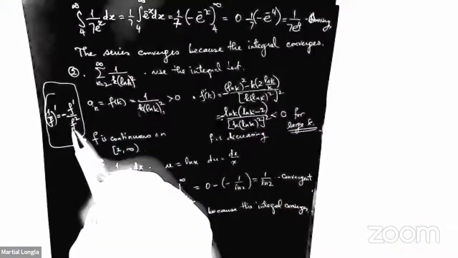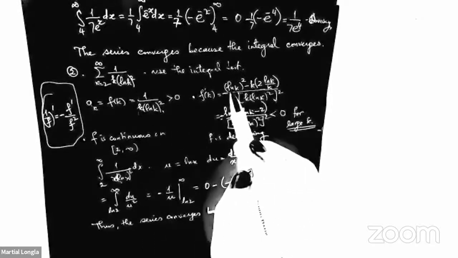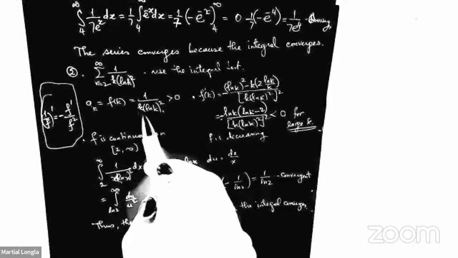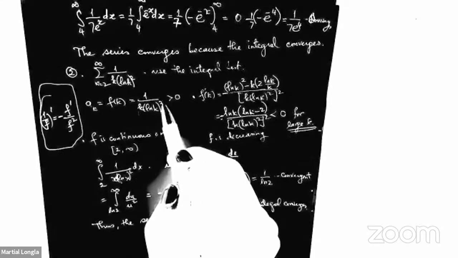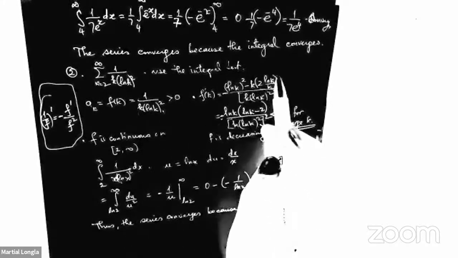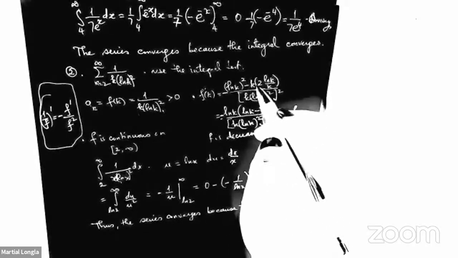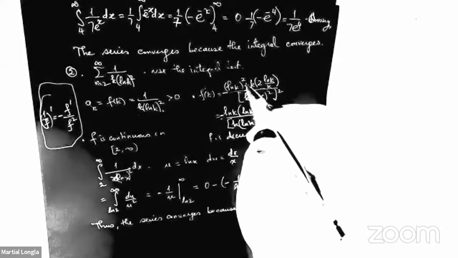Okay, thank you. And while you are doing that, the function itself is a product, k times ln of k squared. So it's a product of two functions. We apply the product rule to get this. I messed up on this one, so that's plus.